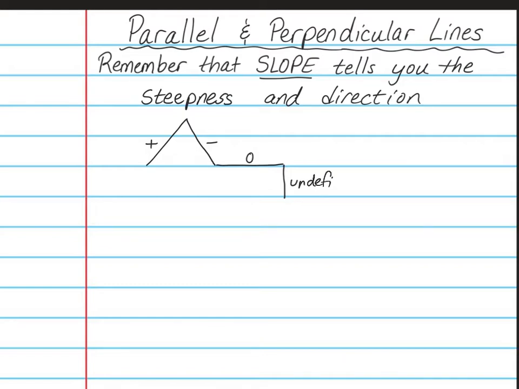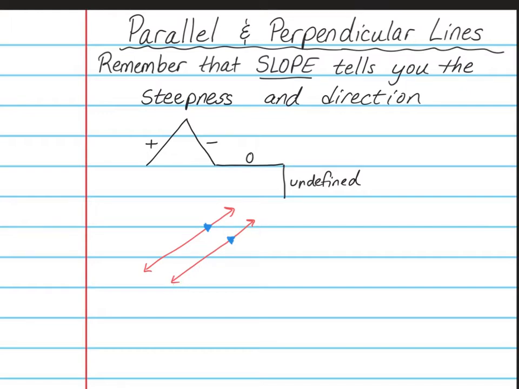Now, let's think about what happens if we have two lines that are headed in the exact same direction. Then these two lines would be parallel, right? Remember from when we did parallel lines in an earlier chapter, if you saw two little arrows, one on each, then that meant that the lines were parallel.